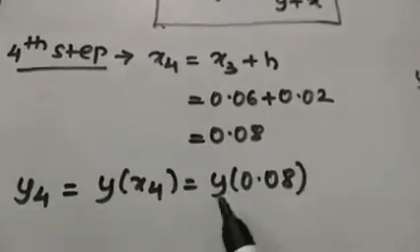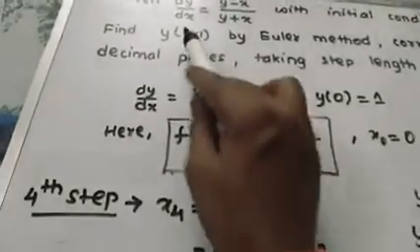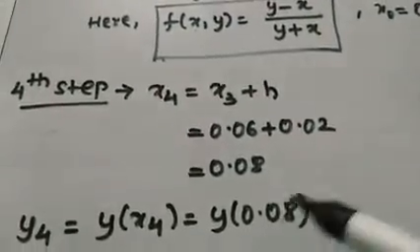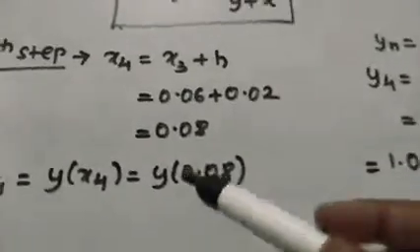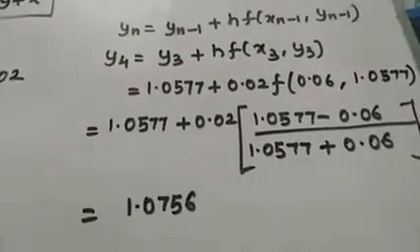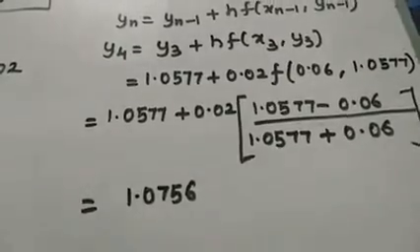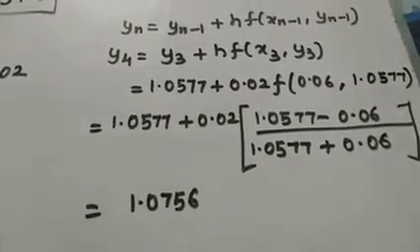So in the fourth step we are going to find y of 0.08, but we need 0.10, so we have to proceed to the next step also. So let us find the value of y4. I've just calculated y4, you just check it once. In the same way, using the previous step results, we find y4.